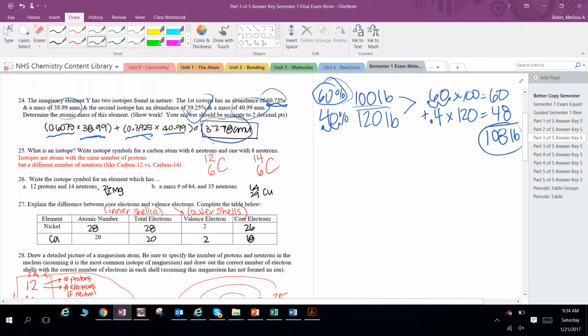So for this one, it's between about 39 and 41, but most of the time it's closer to 39. So it makes sense that it's not right in the middle at 40.